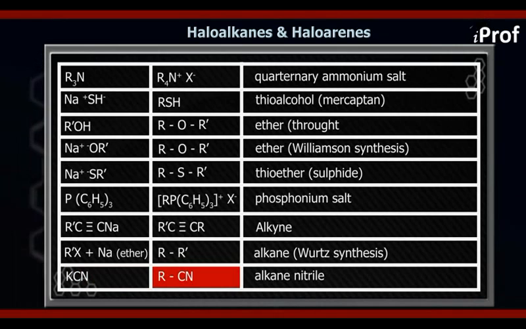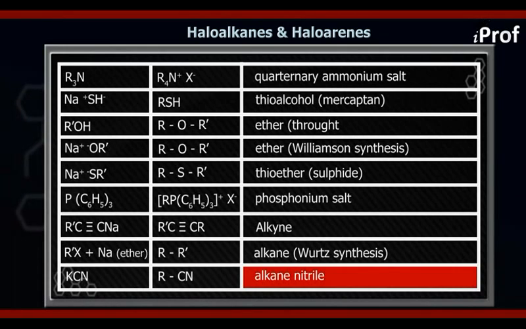Nucleophile will be CN negative, in which the negative charge is on the carbon atom, not on the nitrogen. Although it can have a negative charge on the nitrogen atom also, in case of KCN, attack takes place from C negative, not from N negative. Why is it so? We will see it after the examples.